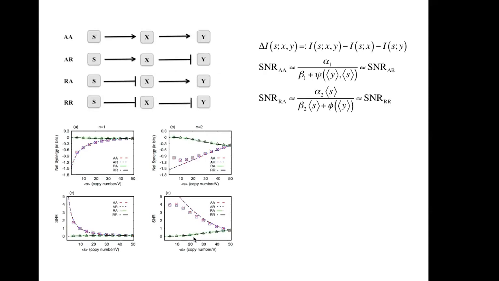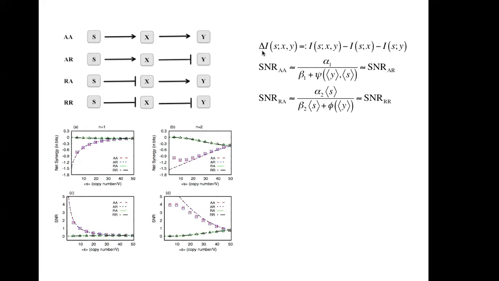And so what is happening here, we have some net synergy measure. Net synergy is basically, since we have these three variables, one can write the mutual information for three variables and the mutual information for two variables, taking combinations. So this measure, delta I, could be 0, greater than 0, or less than 0.